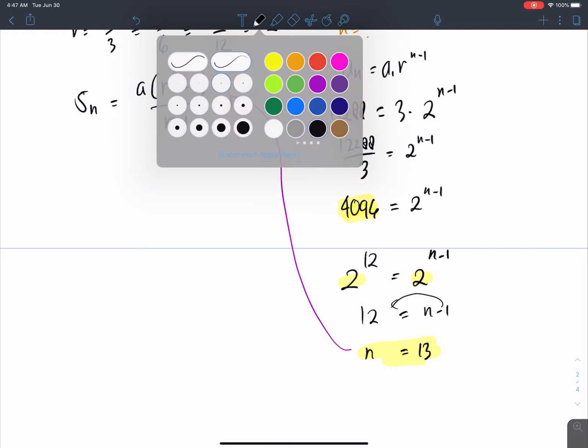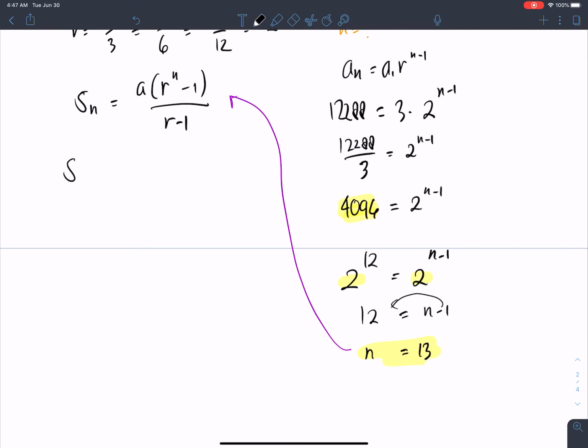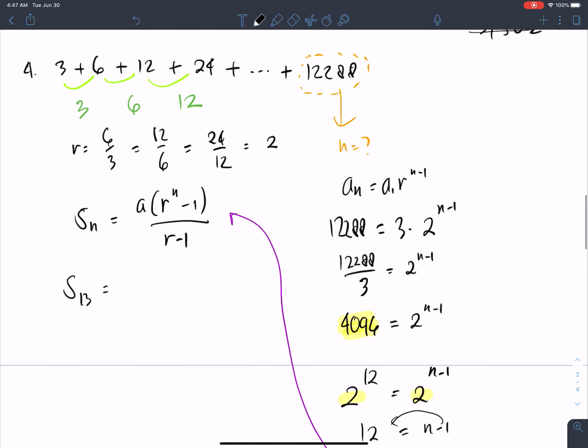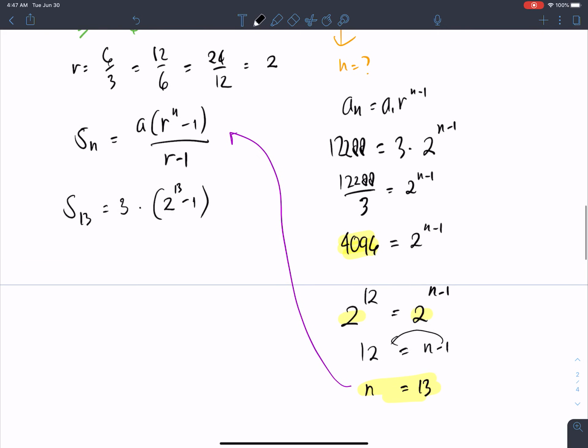So continue. Our S13 will be a1 is 3, times our r is 2 to the power of 13 minus 1, and then divide by r minus 1, 2 minus 1.